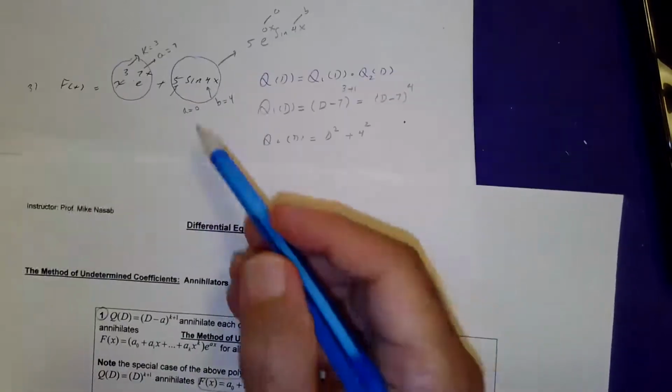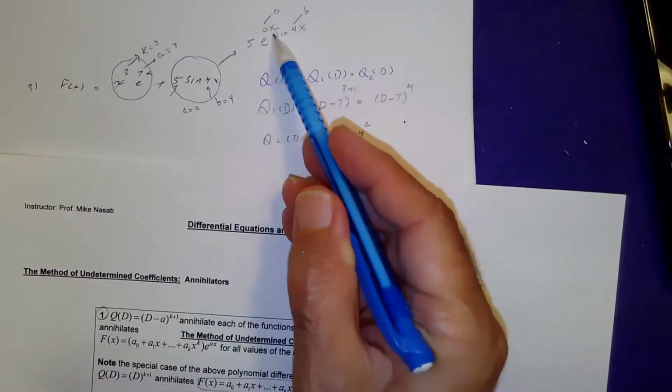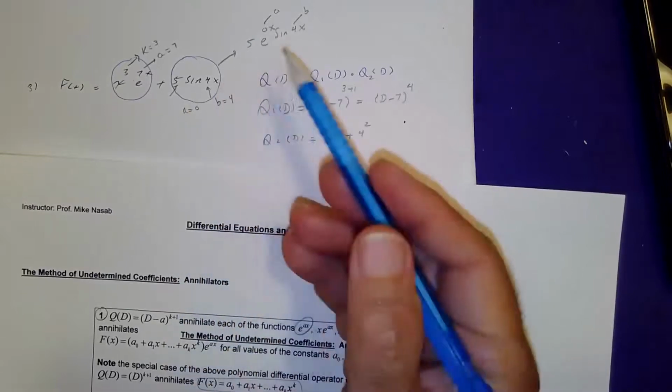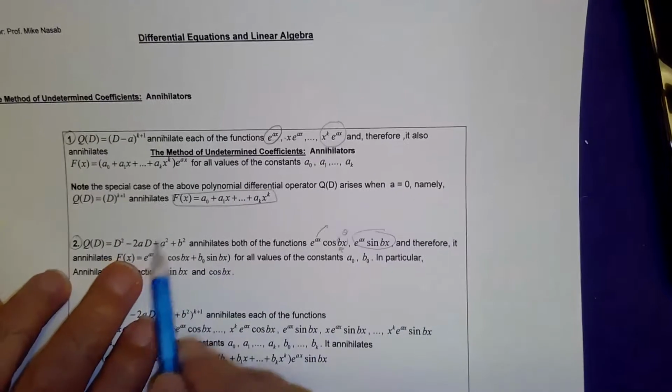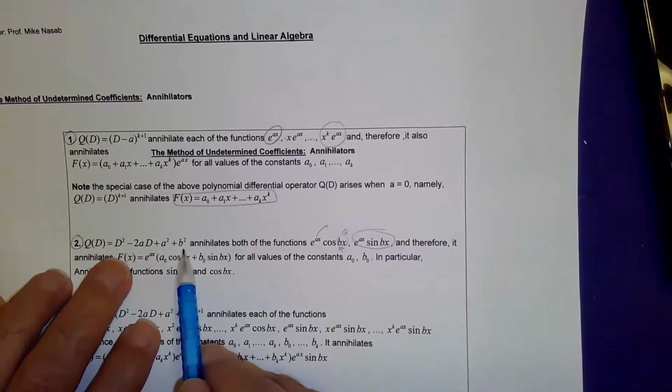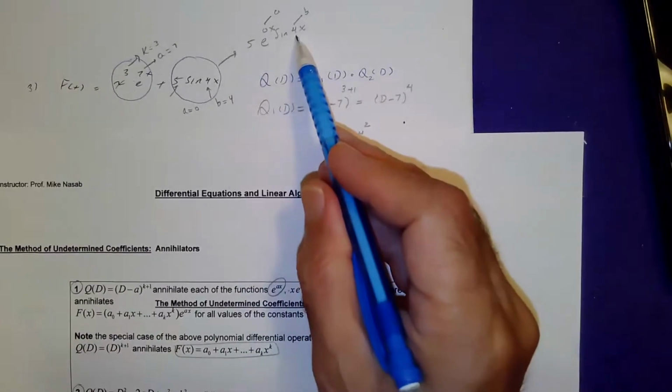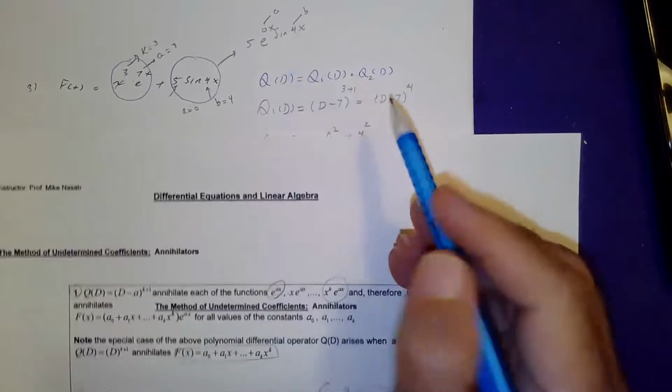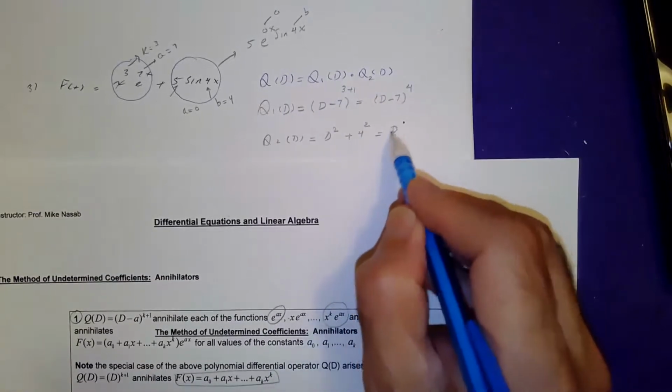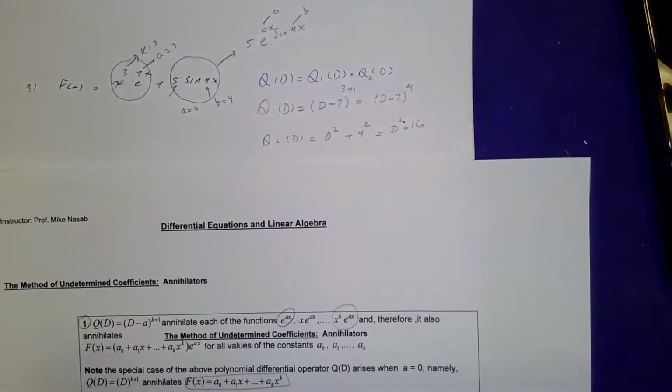I don't have e to the x, I have e to the 0x. So these guys go to Neverland, and you get D squared plus b squared, but my b is 4, so 4 squared. My annihilator is D squared plus 16.